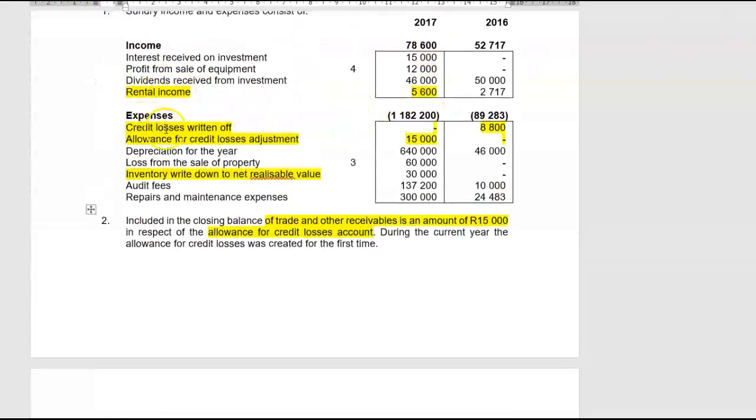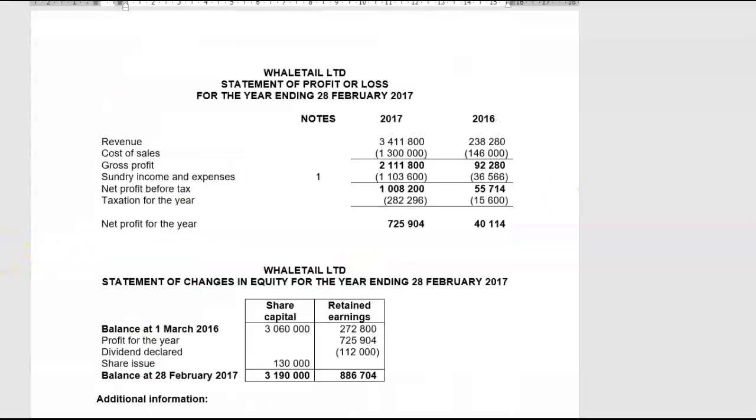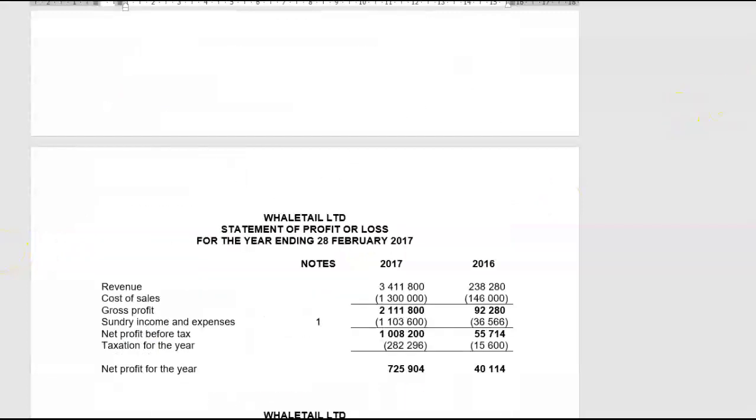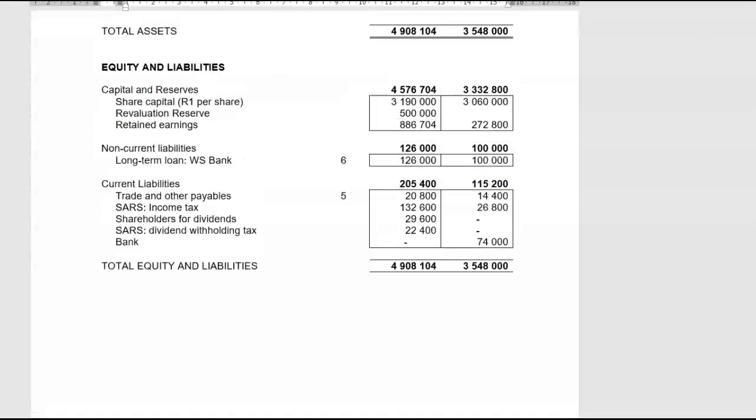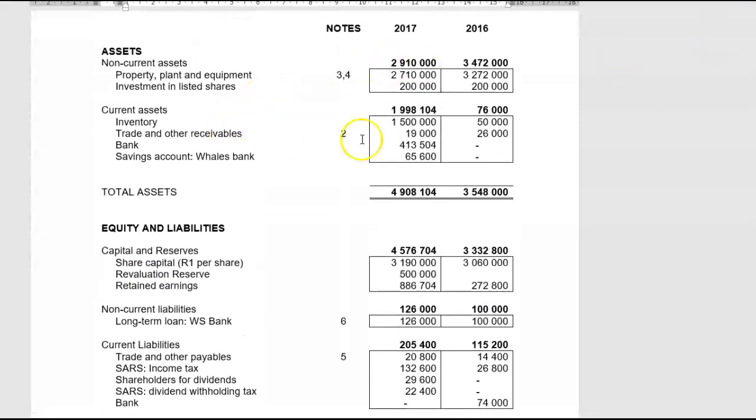Therefore, if you can remember, under expenses the full 15,000 would have been accounted for as an expense. So we debited expenses and credited allowance for credit losses. Now that allowance account of 15,000 has already been deducted, obviously, because we show net trade receivables in our statement of financial position. So in that figure, 15,000 was deducted.